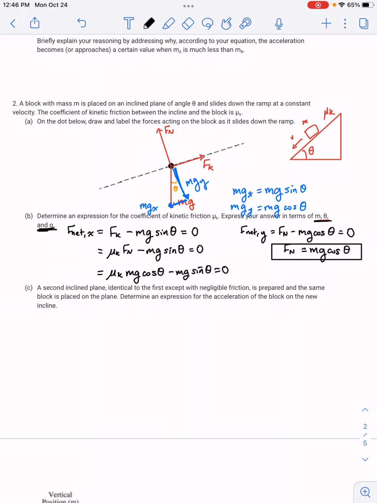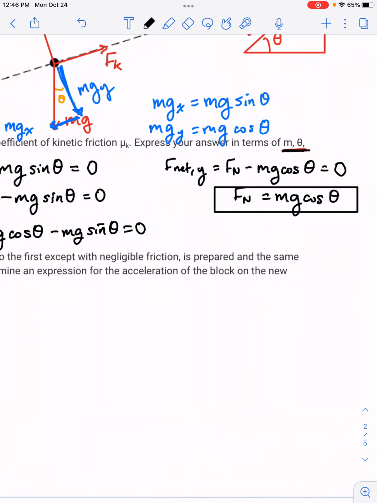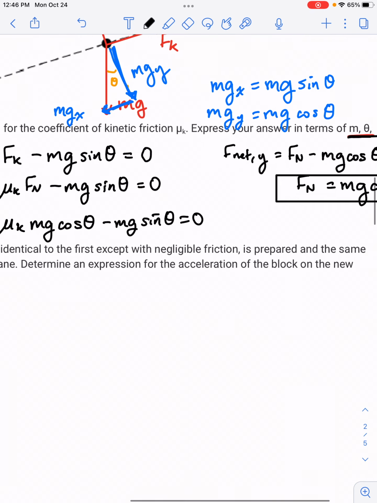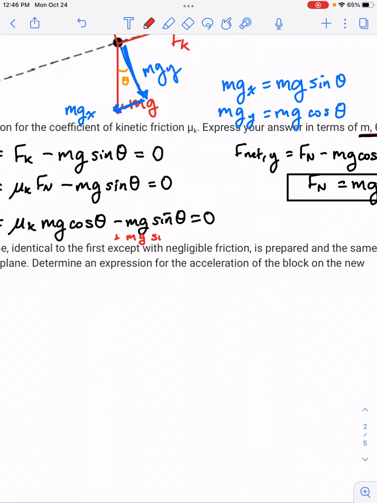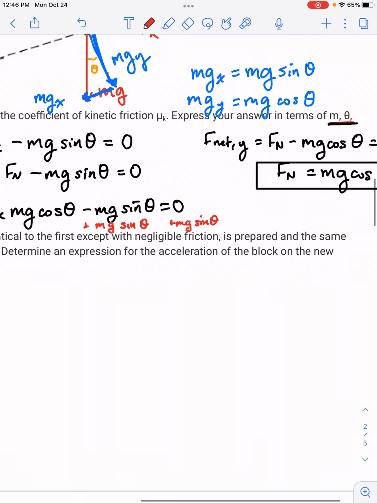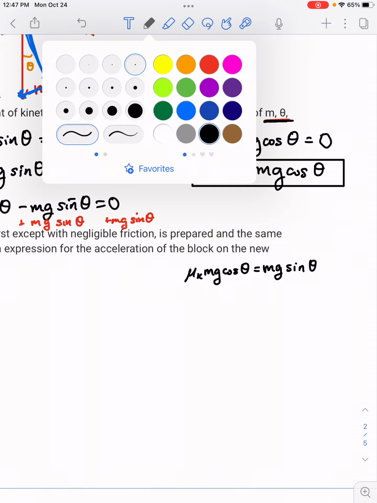Right? So I'm going to have to steal a little bit of space from the next problem. I'm going to move this mg sine theta over, so that my equation now becomes the coefficient of friction times mg cosine theta is equal to mg sine theta, right?